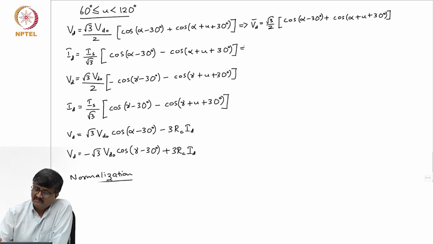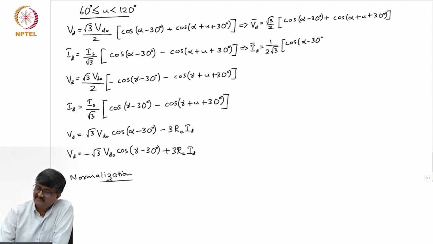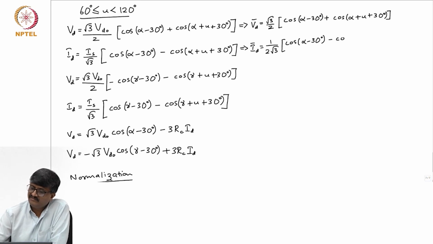The second equation is normalized by dividing by 2Is, so I get ID bar equal to 1 by 2 root 3 (cos (alpha minus 30 degrees) minus cos (alpha plus u plus 30 degrees)).